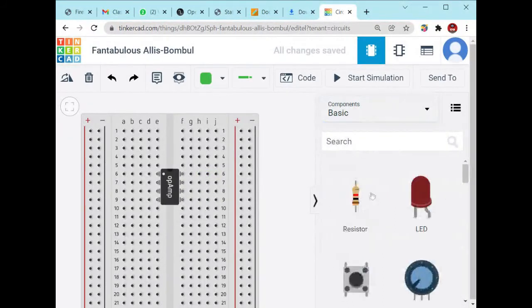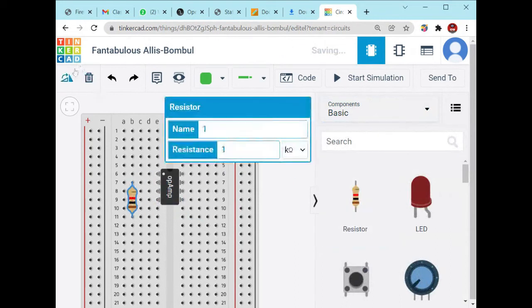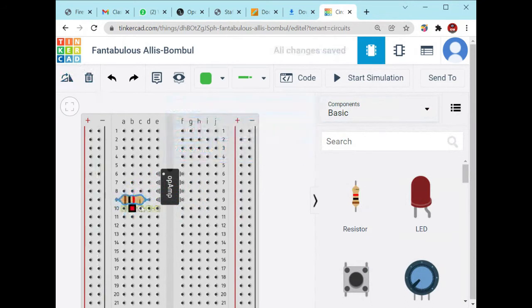Close this search result, select this register from here, and place this register like this. One connection is to be connected to the input.